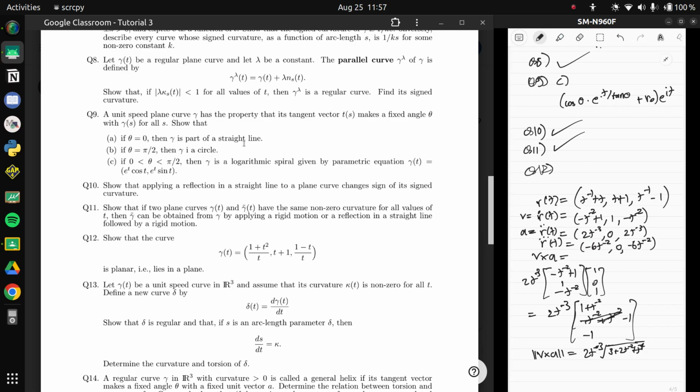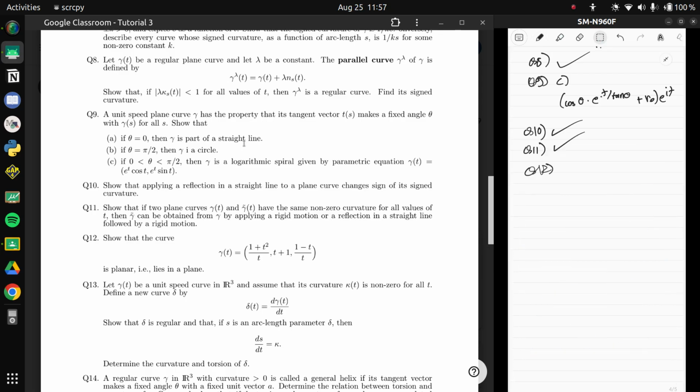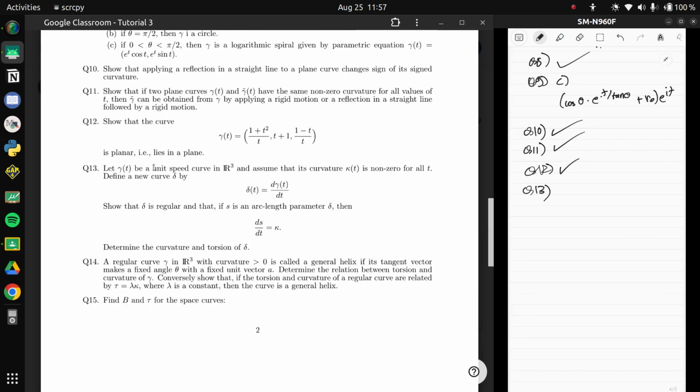That means the determinant of r dot, r double dot, r triple dot is equal to 0. We know the torsion is equal to that determinant divided by the magnitude of v cross a squared, so the torsion is 0. If the torsion is 0, it means this curve is planar because your b vector never changes. So 12 was easy. Question number 13. Question 13 is, okay, let gamma be a unit speed curve.